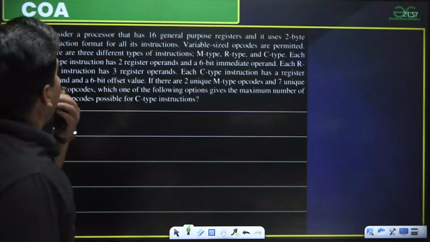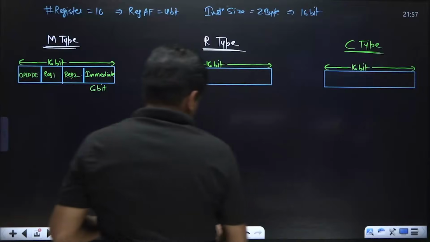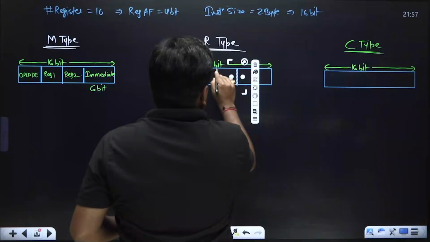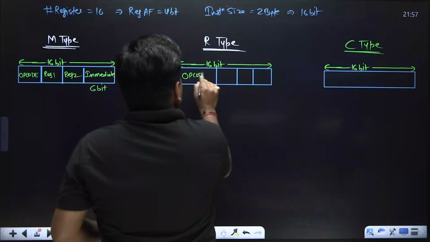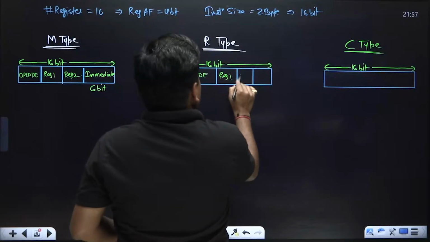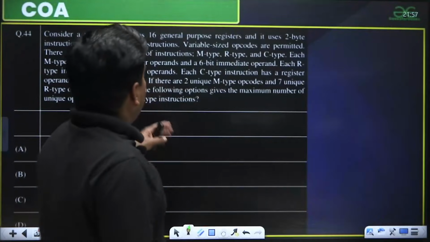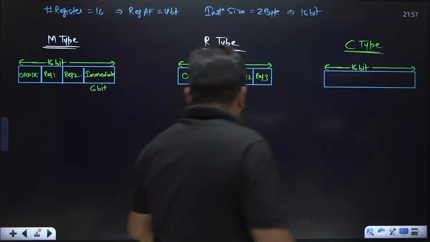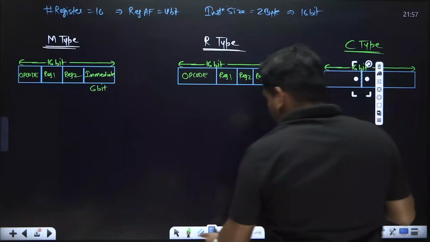Okay, and what happened? R type has 3 register operands. C type has a register and a 6 bit offset.